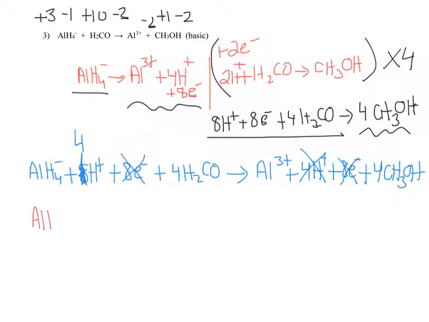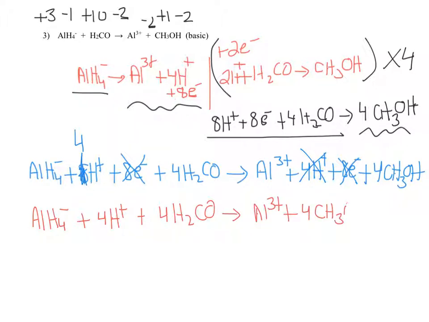So AlH4 minus plus 4H plus 4H2CO yields Al3 plus 4 CH3OH.